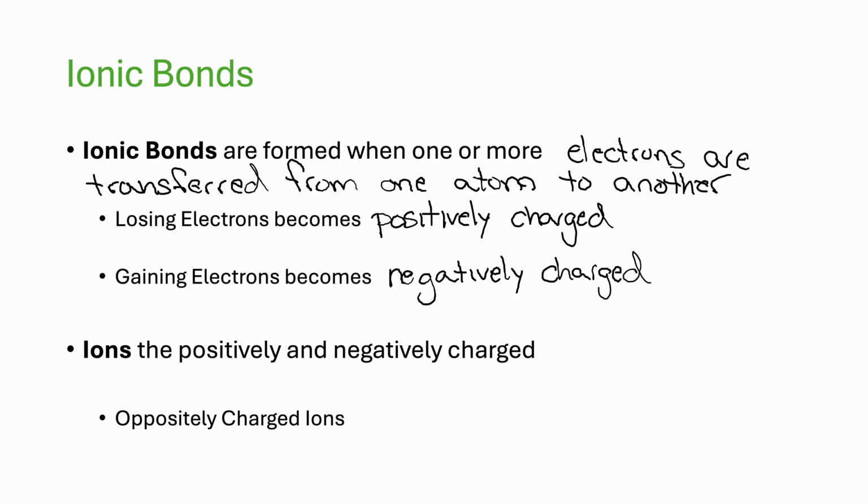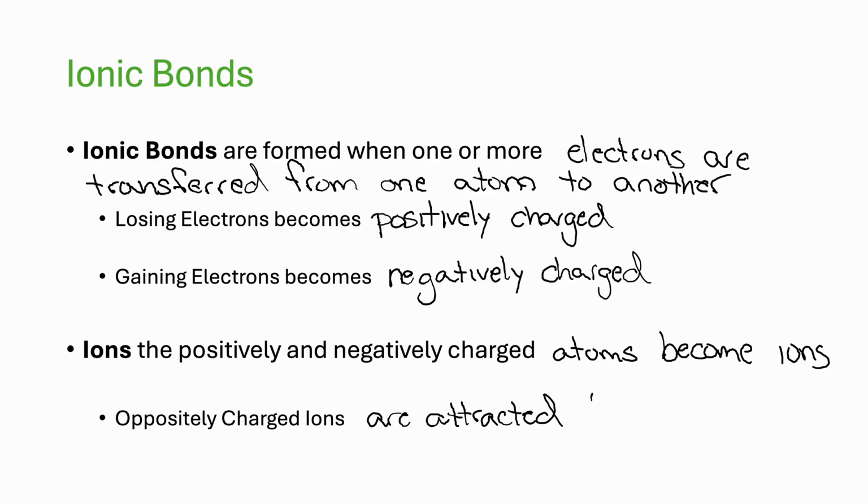When you gain that electron, you gain another negative charge. So the positive and negative charged atoms become ions. Again, oppositely charged ions are attracted, almost like a magnet where you have a positive and negative end. They are attracted to each other and they form an ionic bond.